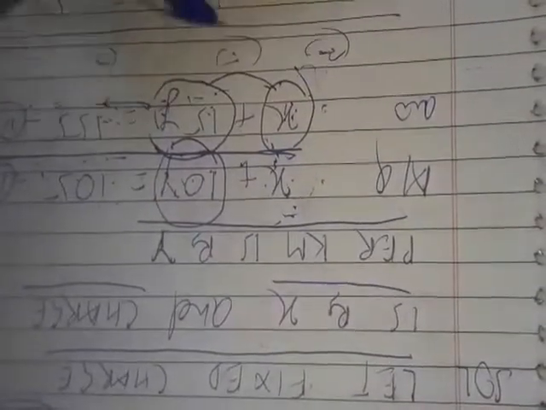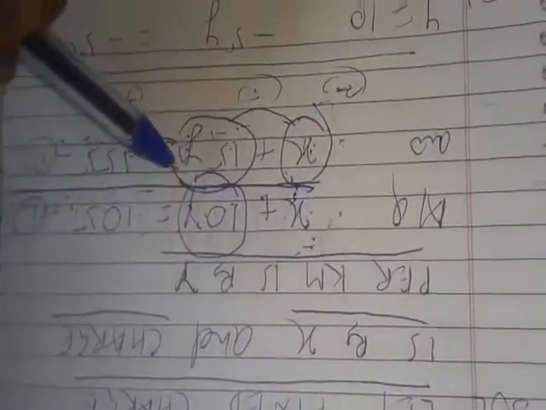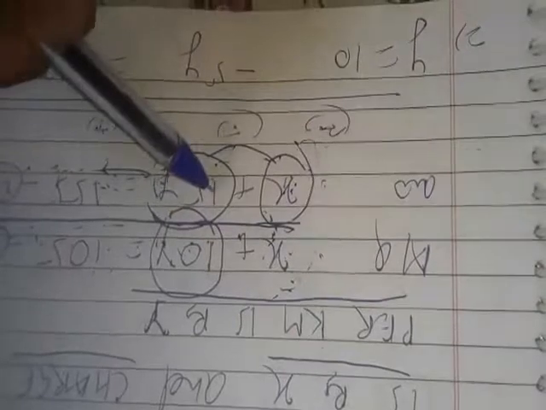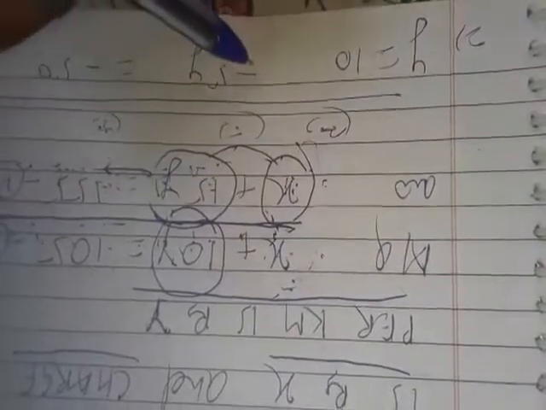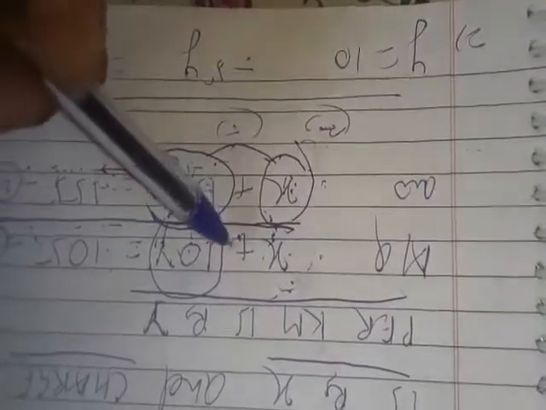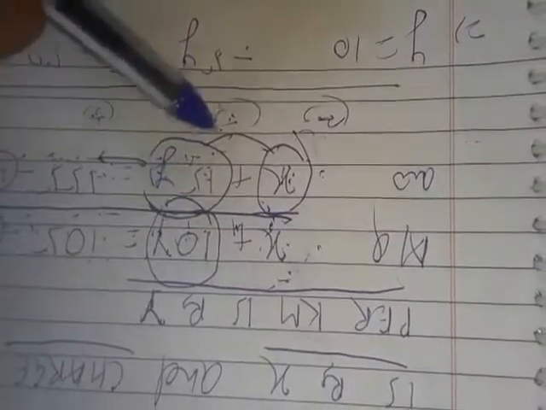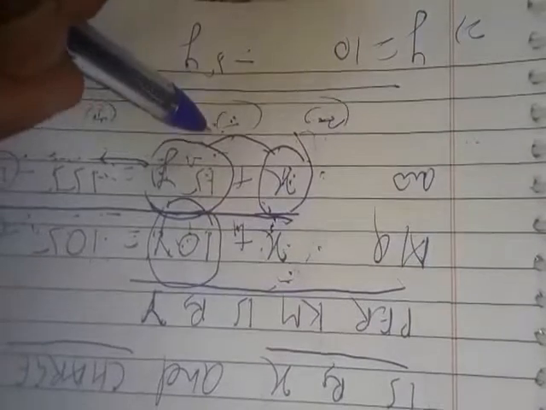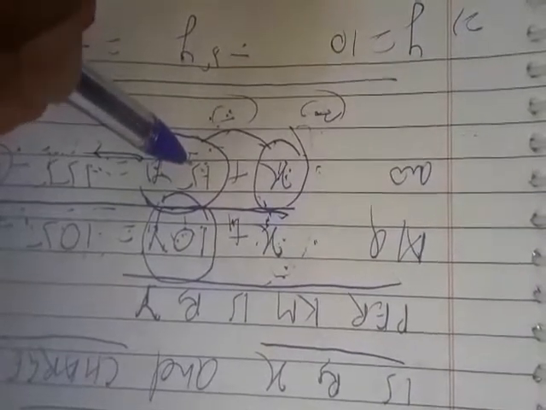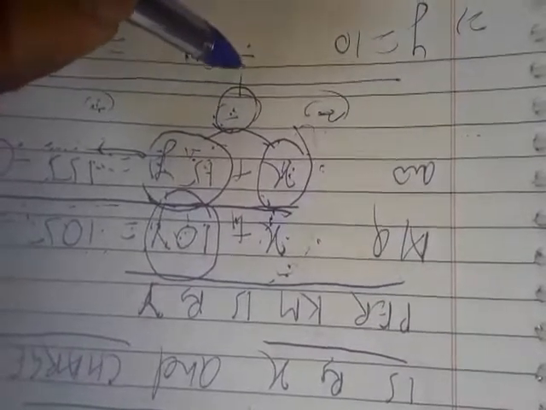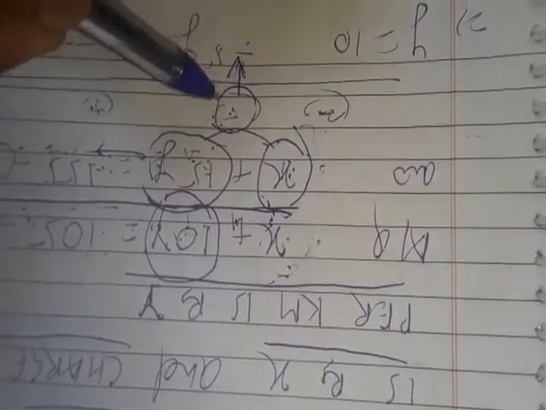When we simplify it, since it is plus 10Y and minus 15Y, it will give the result minus 5Y. One is positive, another is negative. So we will subtract these two numbers and the number which is greater has the negative sign, so the negative sign has been assigned to 5Y.